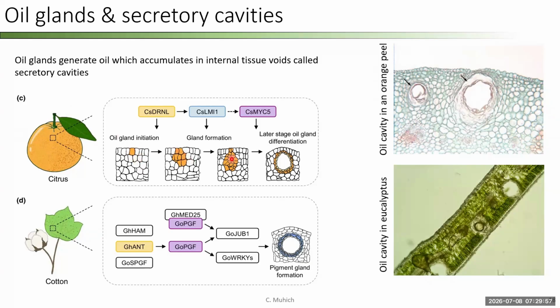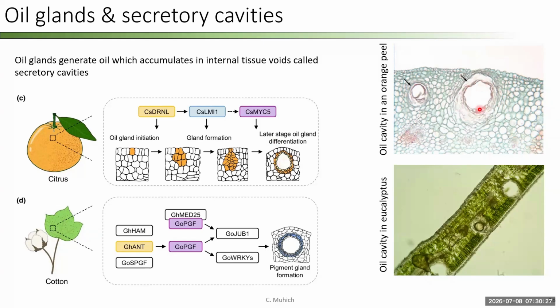It replicates, forms this gland, and then eventually forms a void within the tissue that these gland cells secrete their various compounds into. And so then these oils, terpenes, etc., are going to be held in this oil gland cavity.